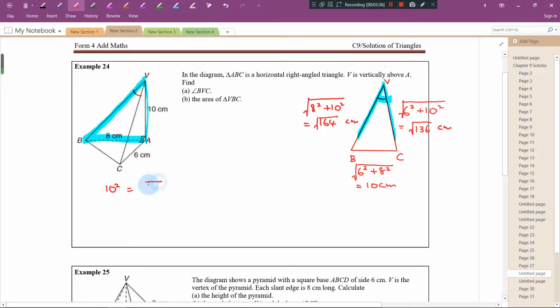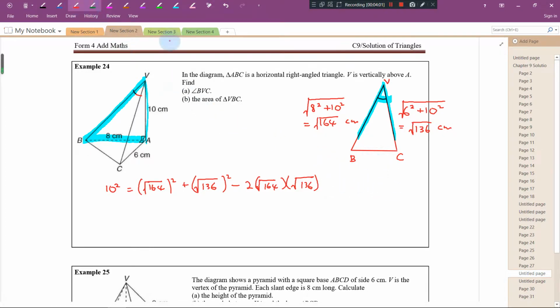So it's equal to square root of 164 squared, plus square root of 136 squared, minus 2 times square root of 164, square root of 136 and times the cosine of angle BVC.